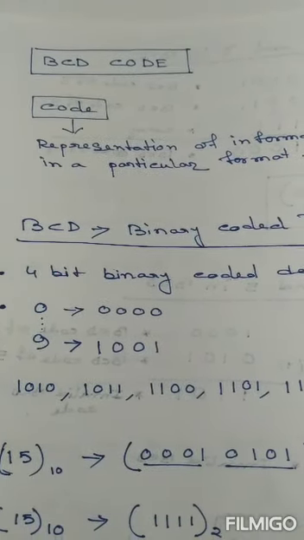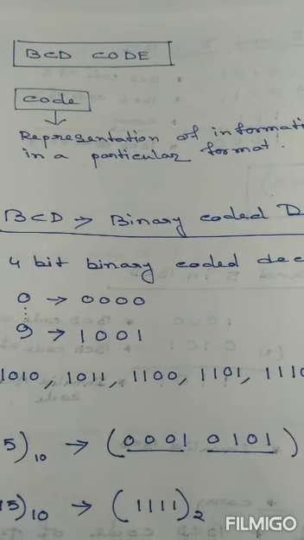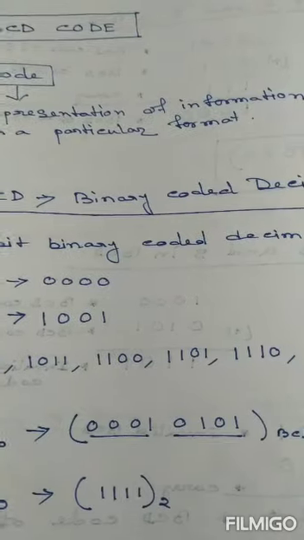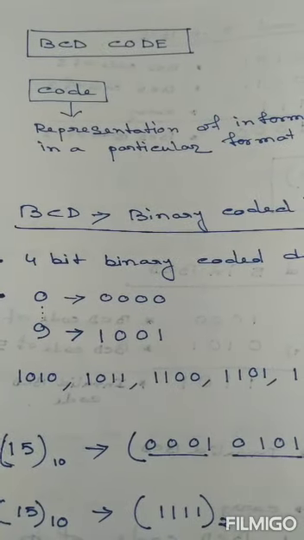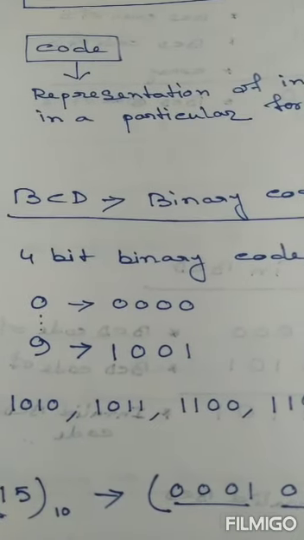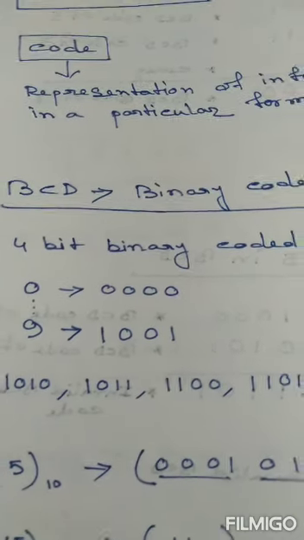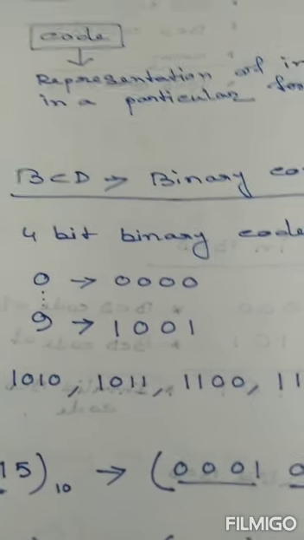Basically, it is a 4-bit binary coded decimal number. Each digit of the decimal number is represented by 4 bits. The digit 0 in BCD is represented as 0000 and 9 is represented as 1001.